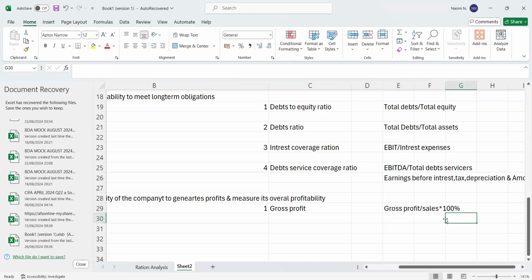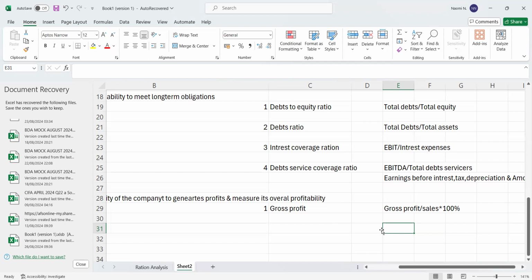Okay. So on gross profit margin, it measures the percentage of revenue that remains after deducting the costs of goods sold. I know, guys, we understand how we normally calculate gross profit. Normally it is the sales or the revenue, then we subtract the cost of sales.